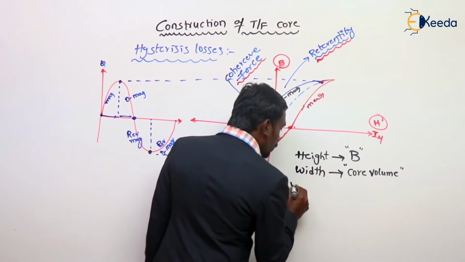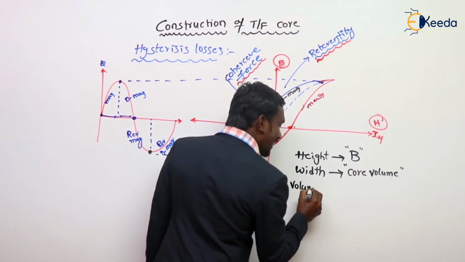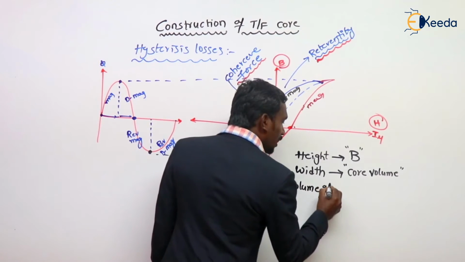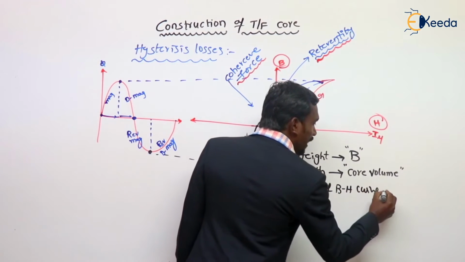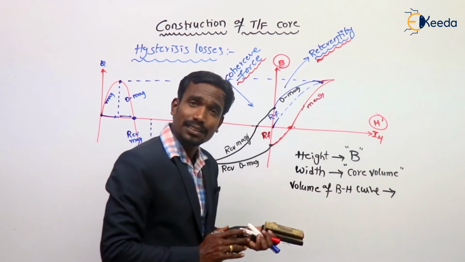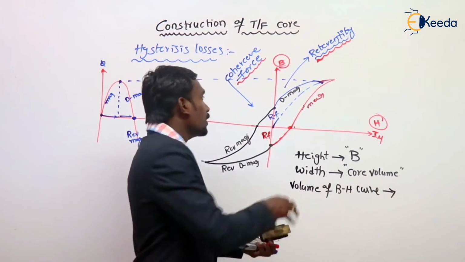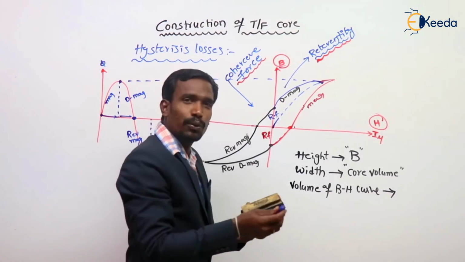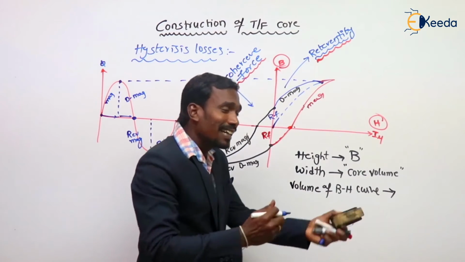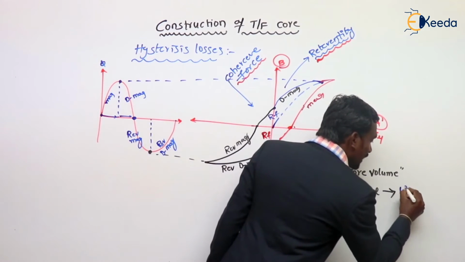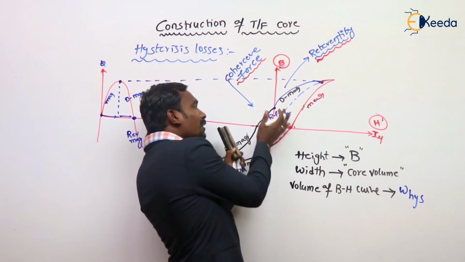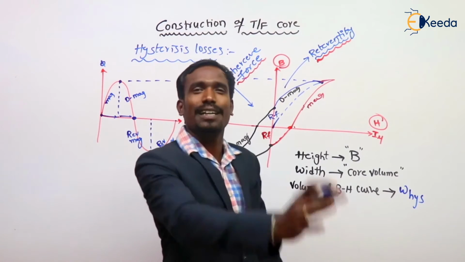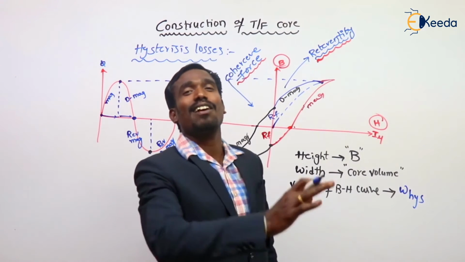The volume, or simply the area, of the BH curve gives us the hysteresis losses.